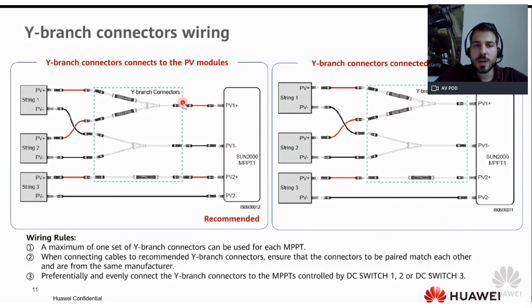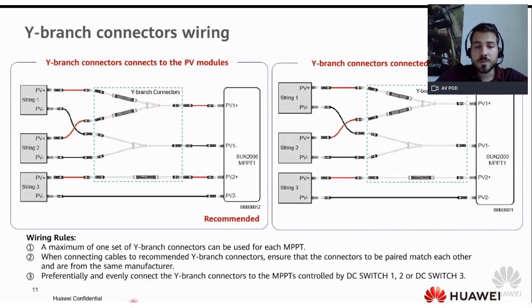So we recommend having some clearance from the inverter, like 3 or 4 meters. Just before 3 or 4 meters, you should introduce the cable right here, and then connect the Y-branch connector.